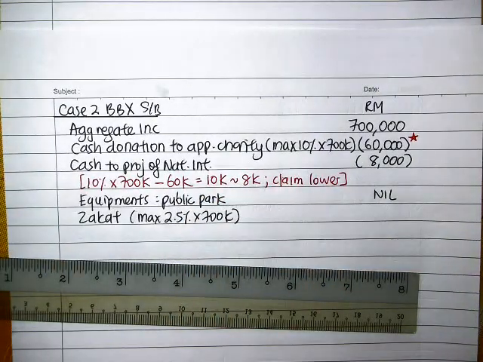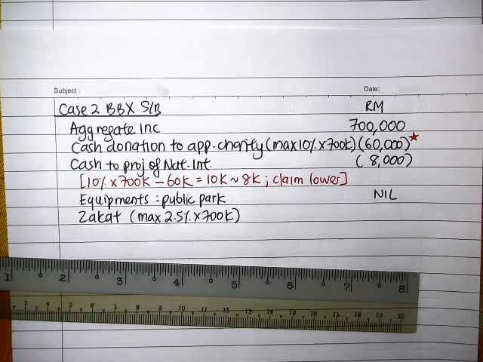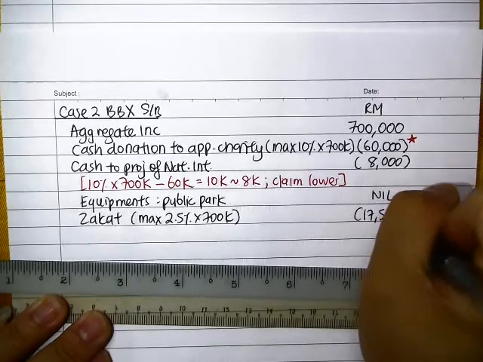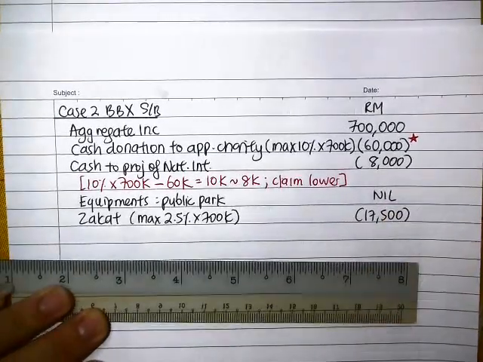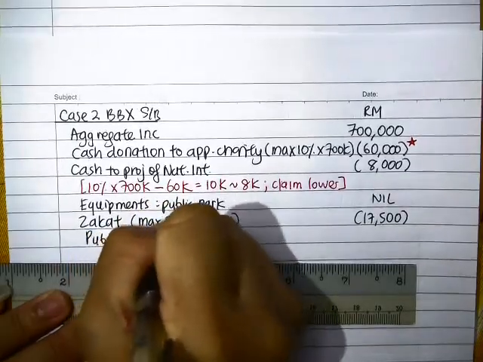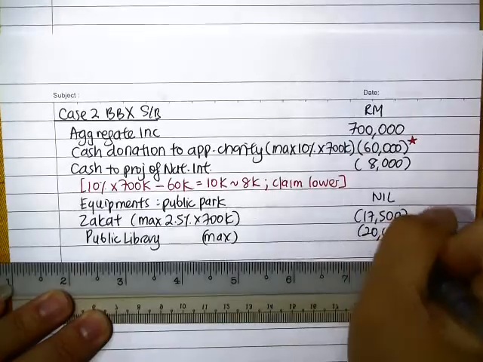So the amount donated is 20,000. So 2.5% of 700 is 17,500. So you only claim up to 17,500. And then donating to public library, maximum is 20.